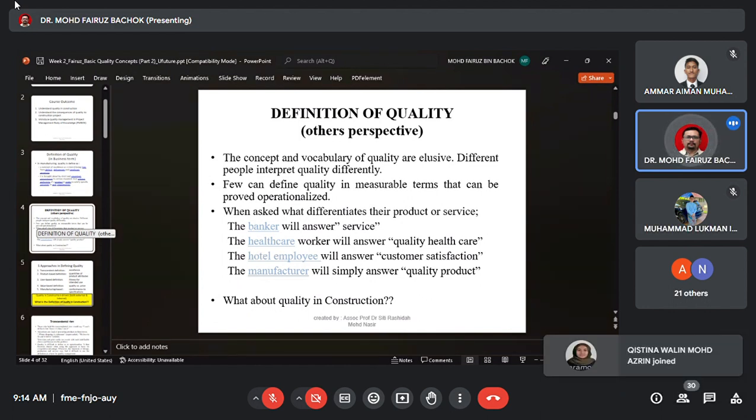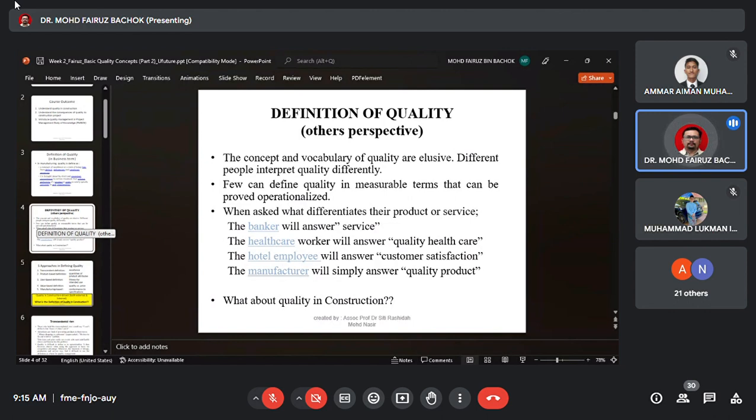And when you ask the hotel employee, what is the first priority they should work for? And how about the manufacturer? They will answer the quality product. They know what they are going to offer to the customer.